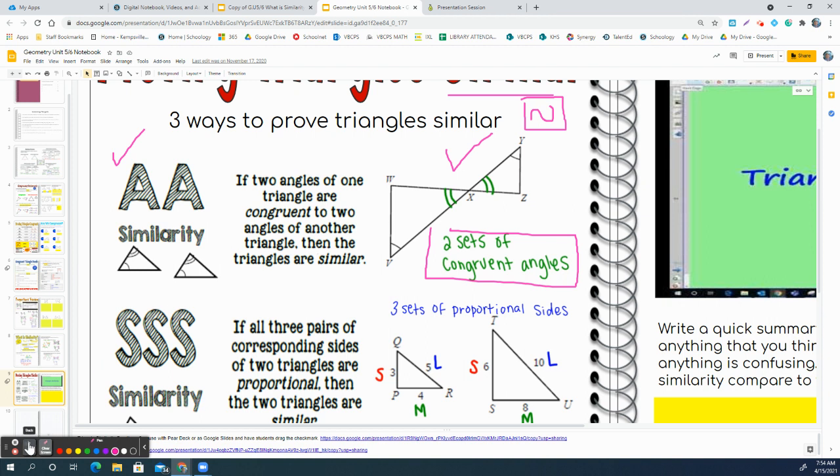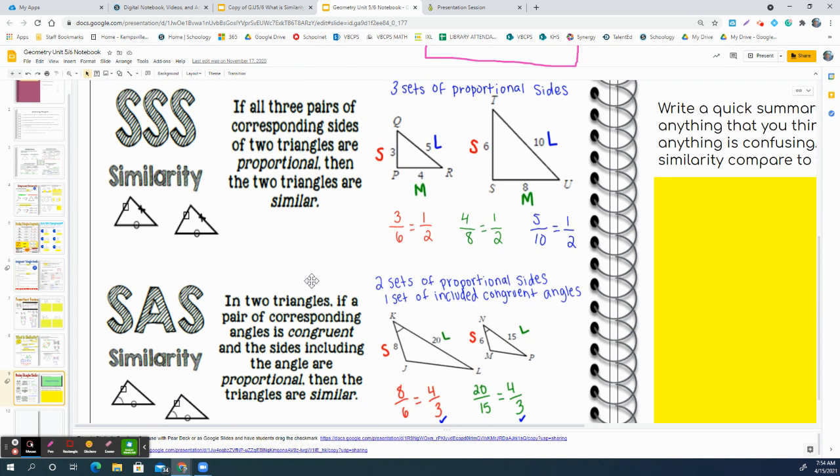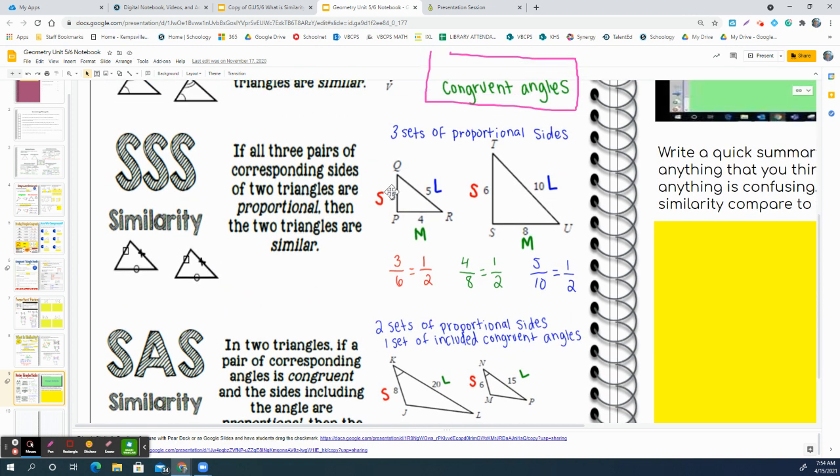If we've got 3 sets of sides, this is the hardest one, I think, just because it's the most work. We need to identify what the sides are. So I've got a small side and a small side. They go together. I've got a medium side and a medium side. They go together.